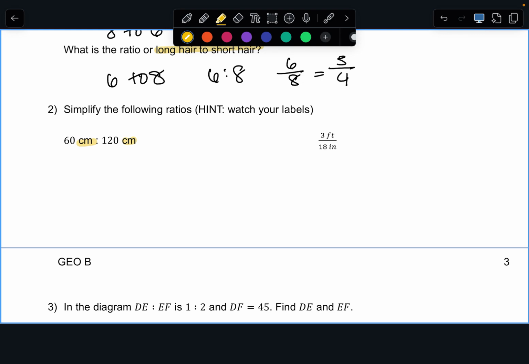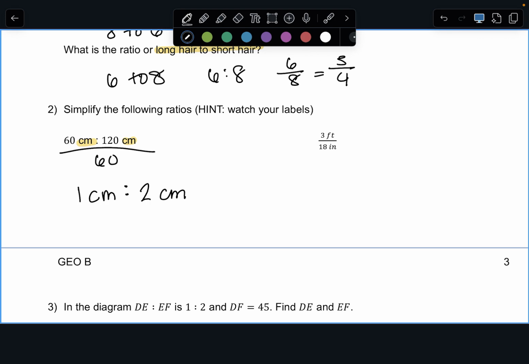What can 60 and 120 be divided by? 2, yes, but then you would keep going. So let's divide them by 60 to simplify this ratio just like we would simplify a fraction. What's 60 divided by 60? 1. So our new ratio is 1 centimeter. What's 120 divided by 60? 2. So our ratio is 1 to 2.